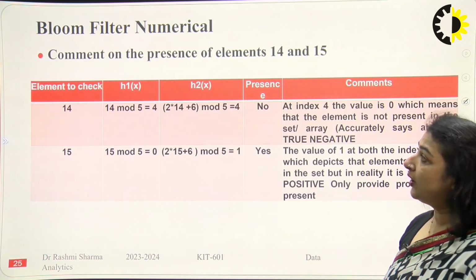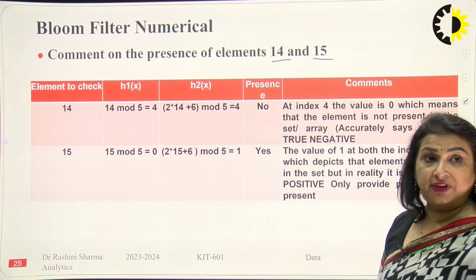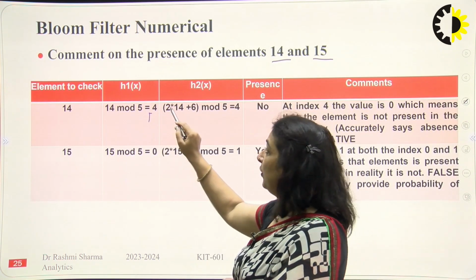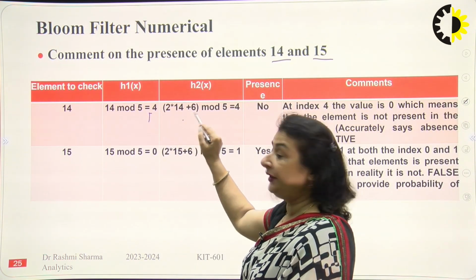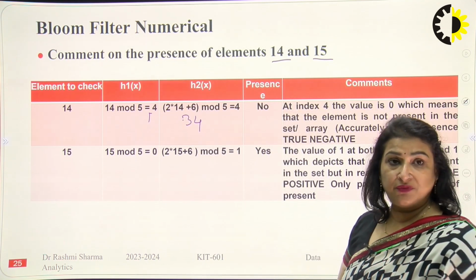Now go for the lookup. I have to comment on the presence of the values 14 and 15. So I again apply the same hash functions. 14 mod 5 gives me 4, and 2 into 14 is 28, 28 plus 6 gives me 34, and 34 mod 5 gives me 4.